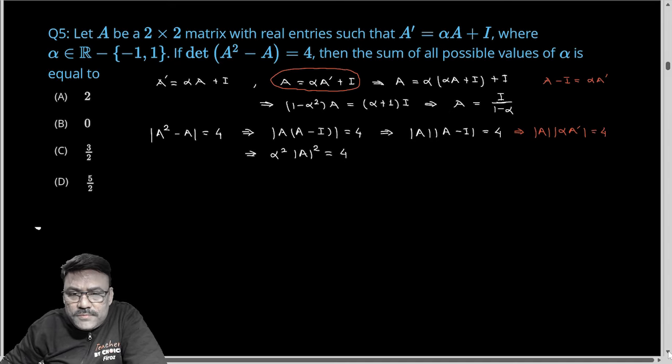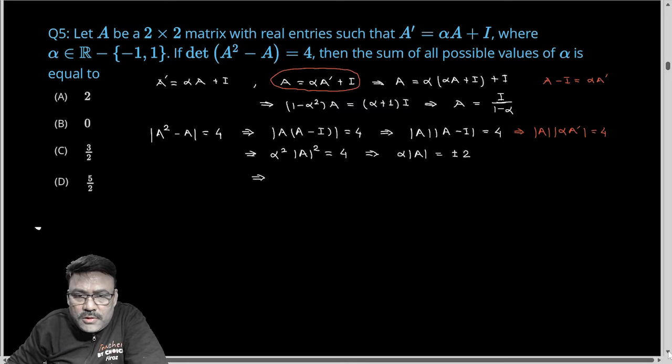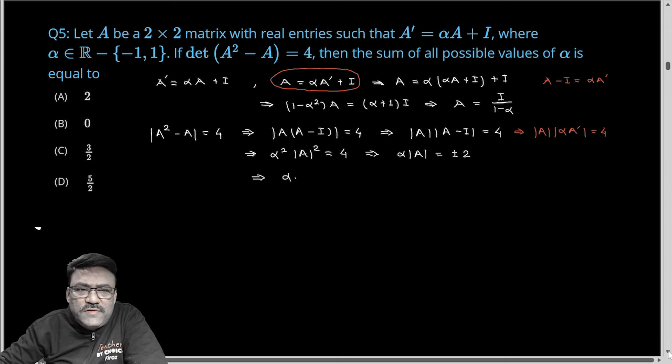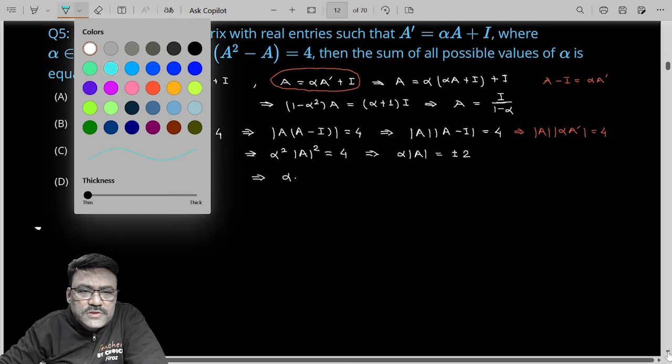So this gives you alpha times determinant of A equals plus minus 2. Now what is the determinant of A? You can see from this equation.